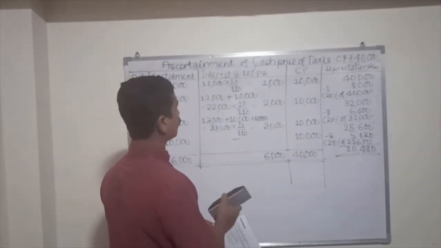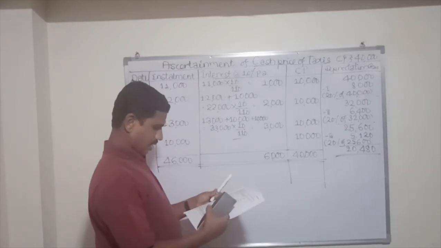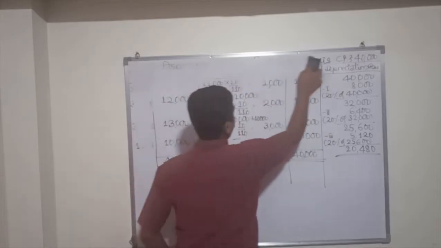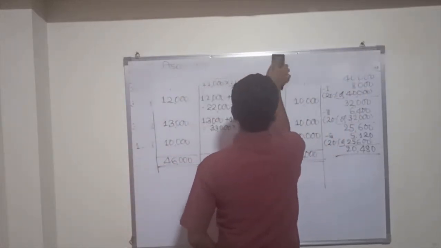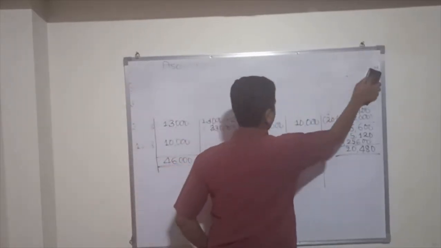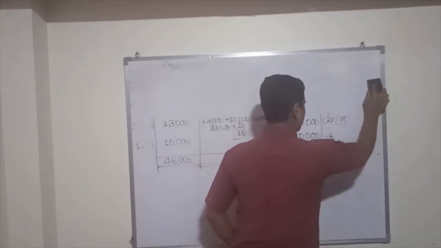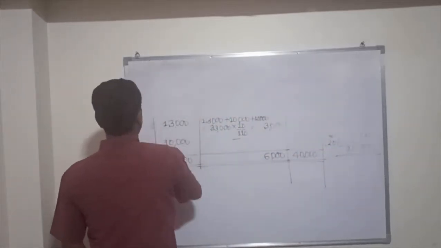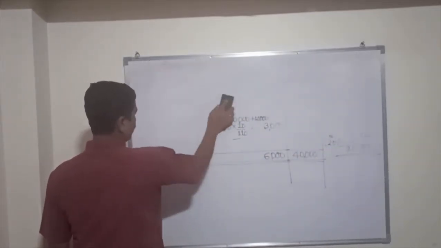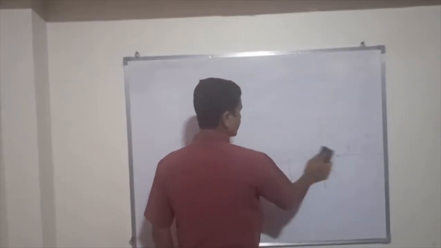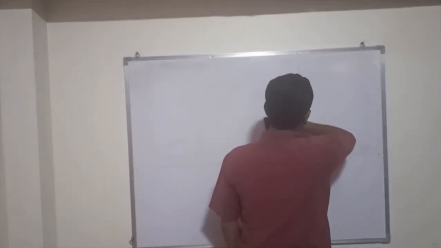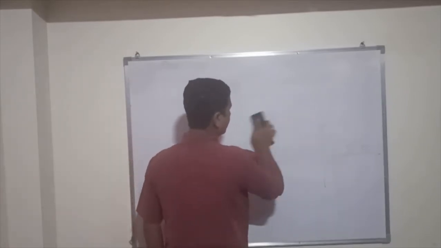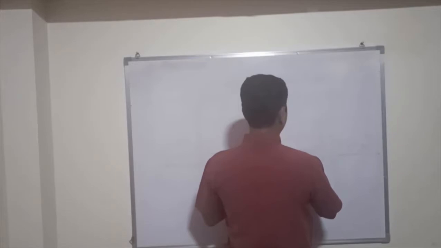So now we have to prepare the accounts here. We are supposed to prepare the asset account, that is the taxis account, and the vendors account in the books of hire purchaser. The hire purchaser here is Delhi Taxis Services Limited.